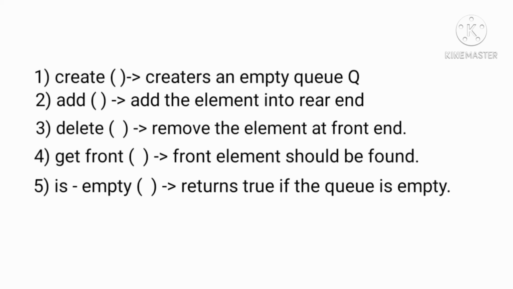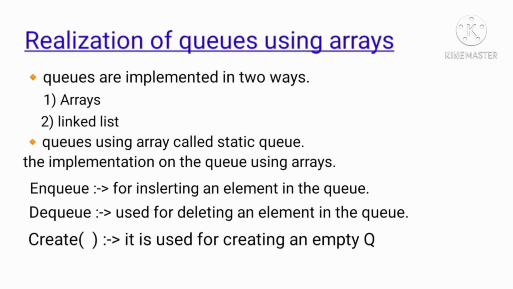First of all, create one empty queue, and next add the element into the rear part. Rear part means last part, and delete the element at the first part, the front, and get front, and last one is empty. Queue is empty or not.